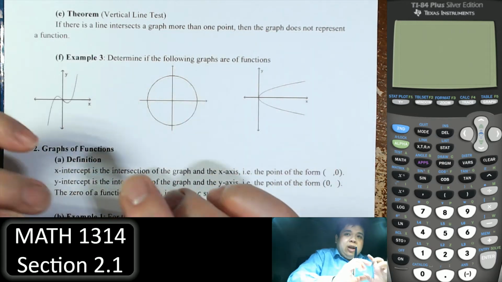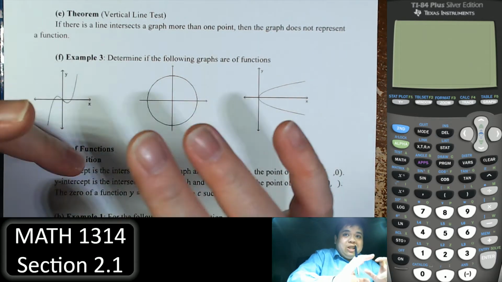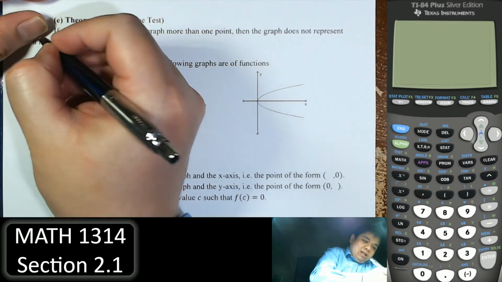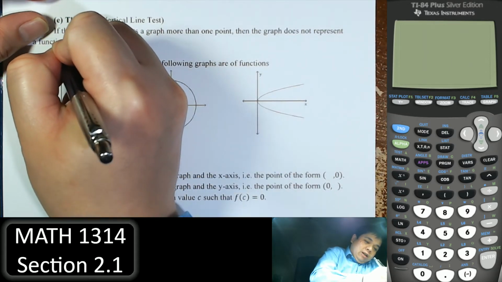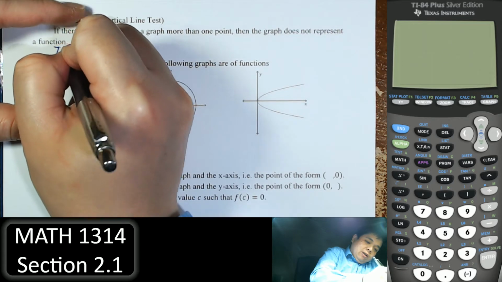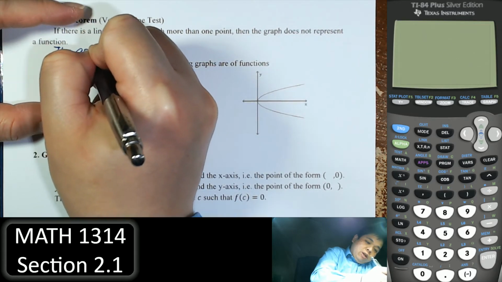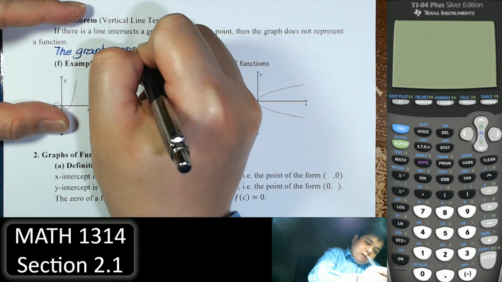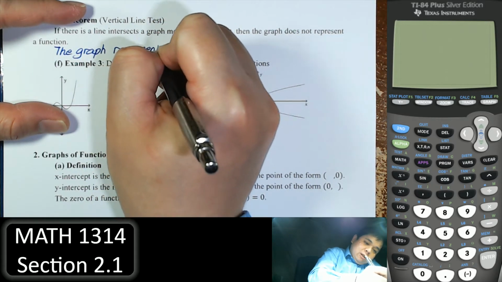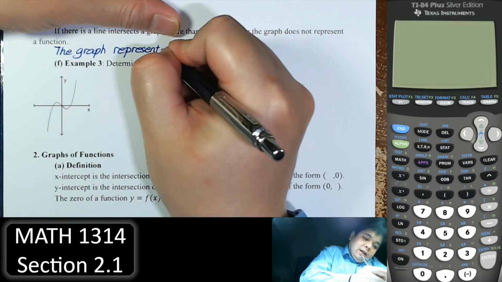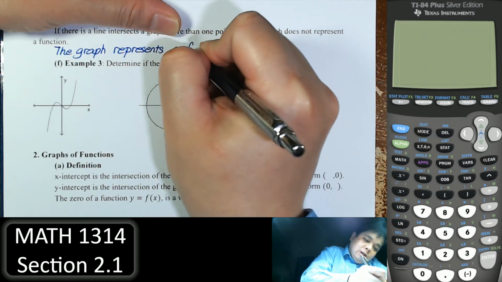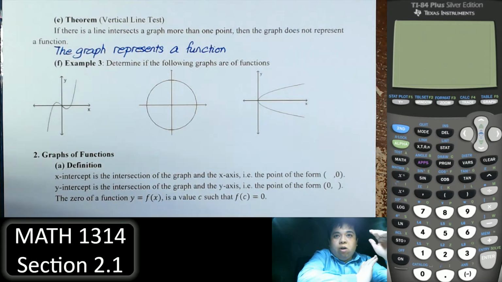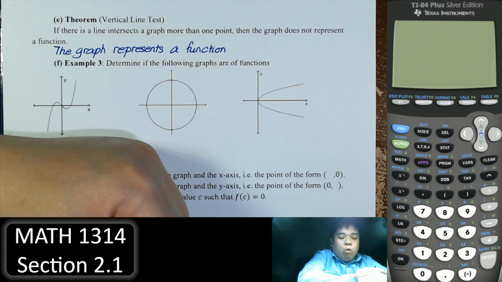So we can write that in a different way. The graph represents a function if there is no vertical line that cuts the graph at more than one point.